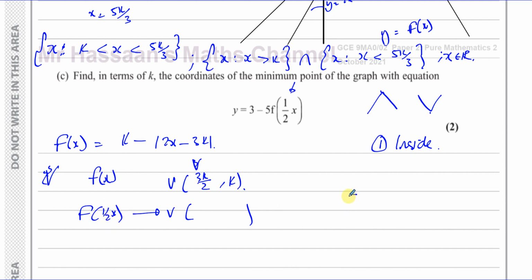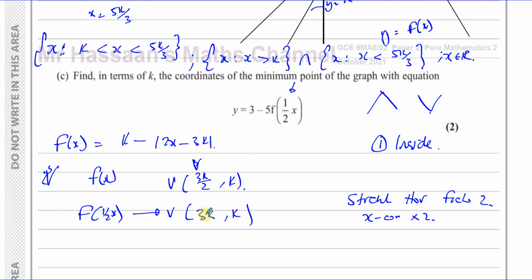So this is going to be a stretch, and it's horizontal. And the factor is the reciprocal of a half, which is 2. So that means the x coordinates are multiplied by 2. The y coordinates stay as they are under this transformation. So this is going to become 3k. That's under just the f half of x.